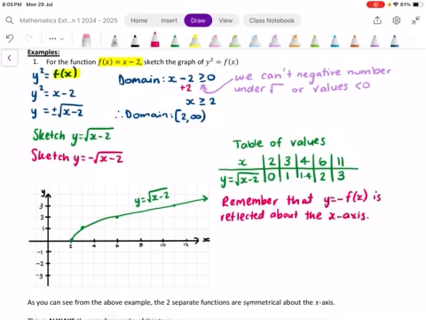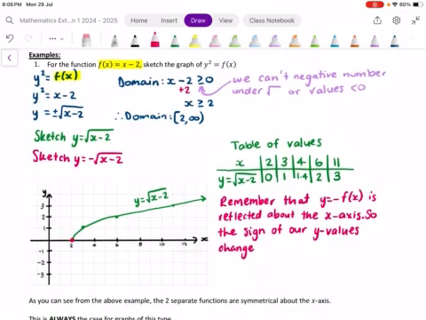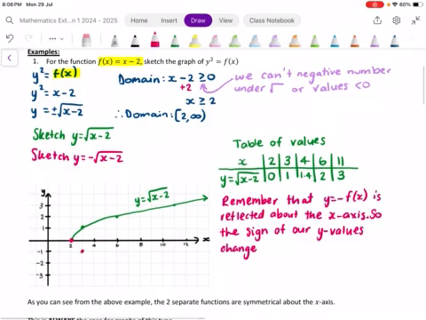So that means for all of our y values, the sign of our y values changes. So we'll still have our point (2, 0), but then at our point (3, 1), it will become (3, -1). At (6, 2), it will become (6, -2). And at (11, 3), it will become (11, -3).